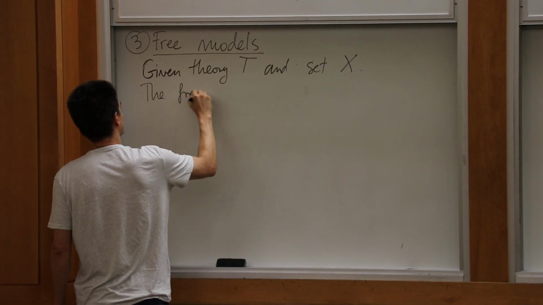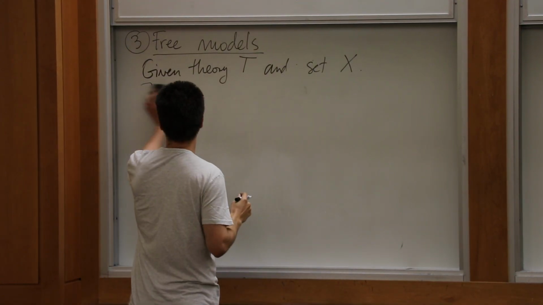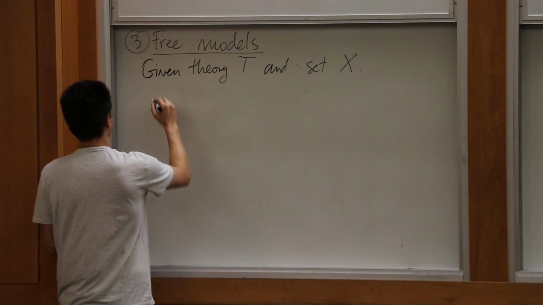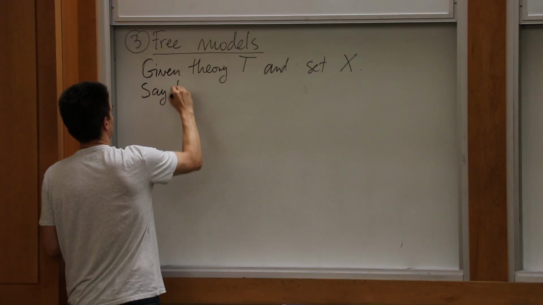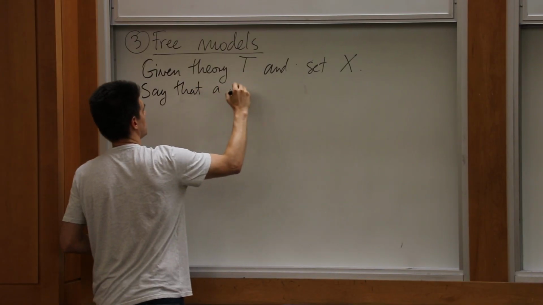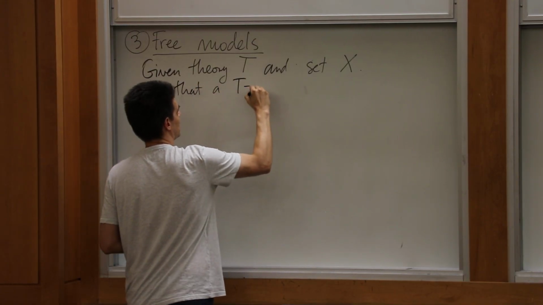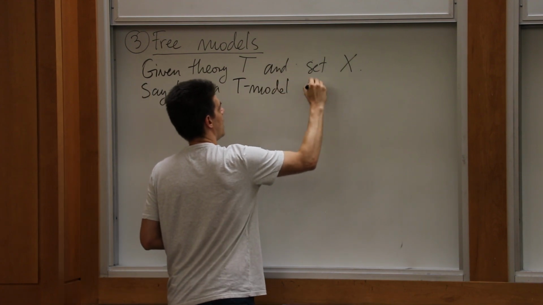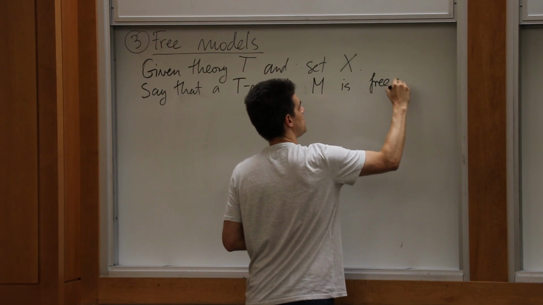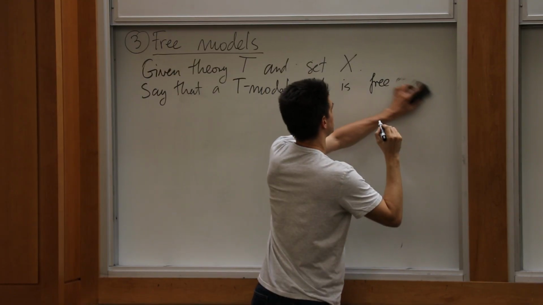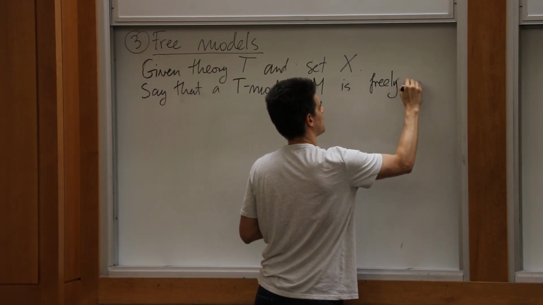Actually, let me first describe what it means for a model to be free. Say that a T model M is free over X, or freely generated by X is better.